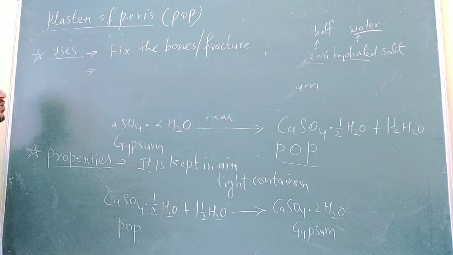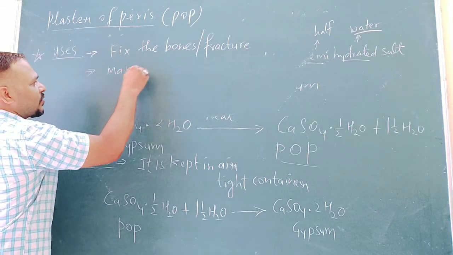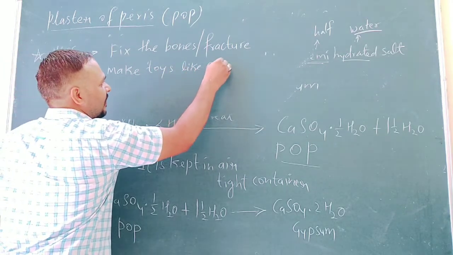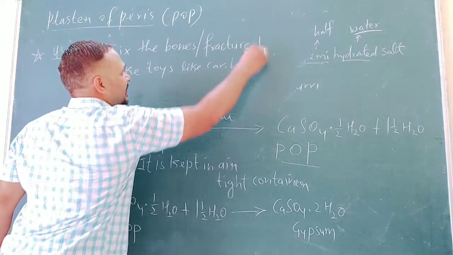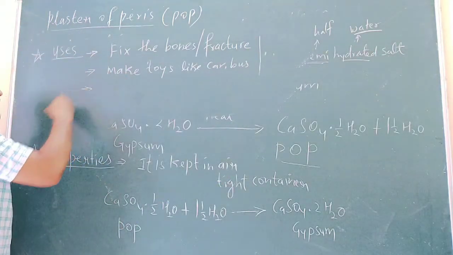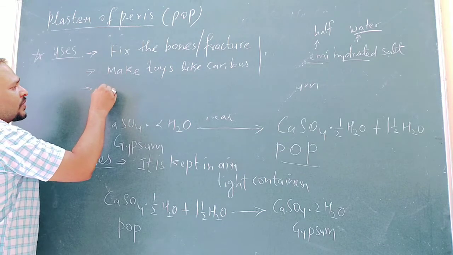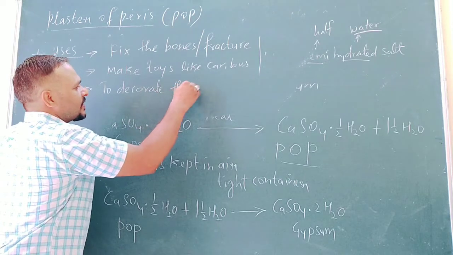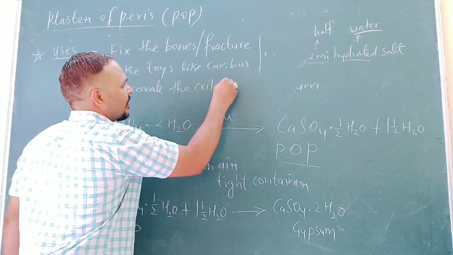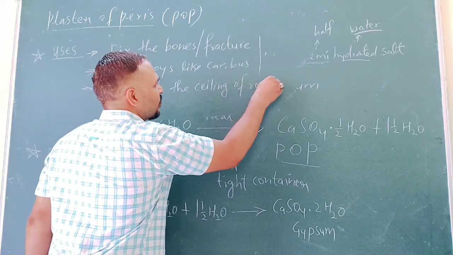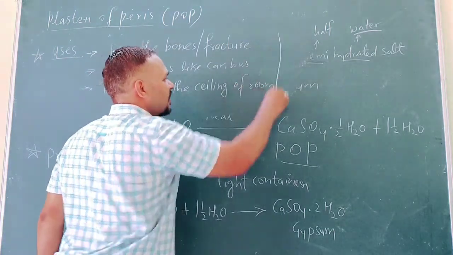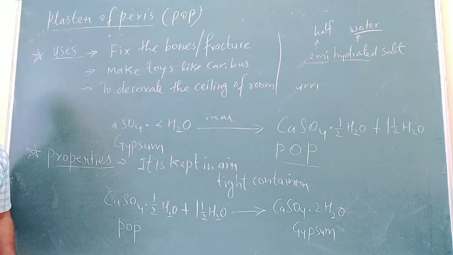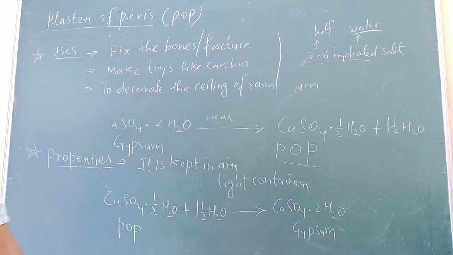Number two, it is also used to make toys like cars, buses, etc. It is also used to decorate the ceiling of a room. Now POP is completed. Let's move to the next topic.